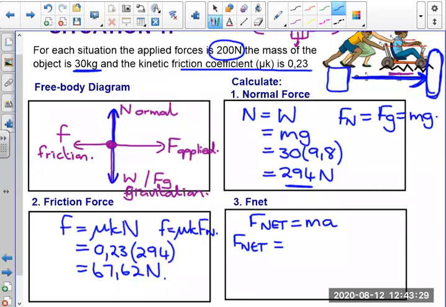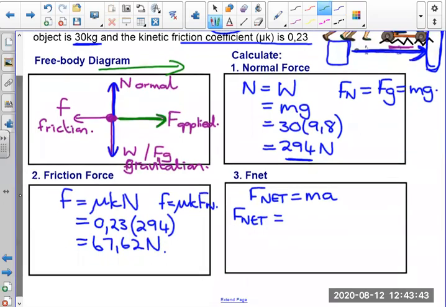So in this case, the front force is the applied force, because the object is moving in that direction. And the back force is the friction force. So I'm going to say F net equals the applied force.